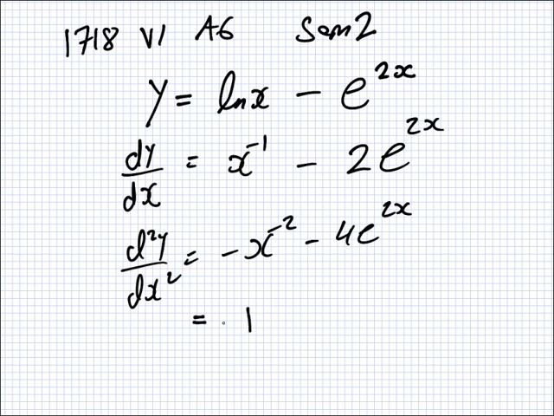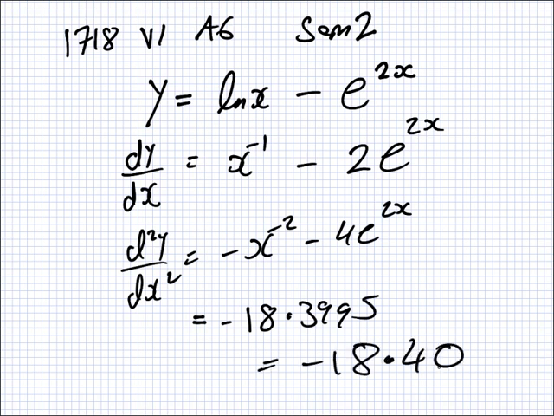Minus 18.3995. So 4 significant figures would be minus 18.40. Oh, I cubed accidentally on the calculator. Yeah. Okay. Did you write that down?